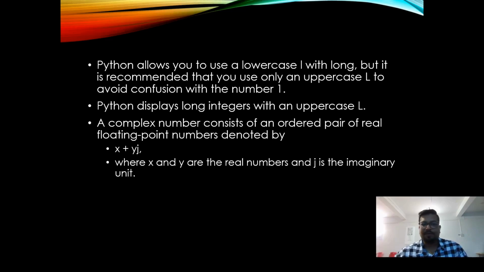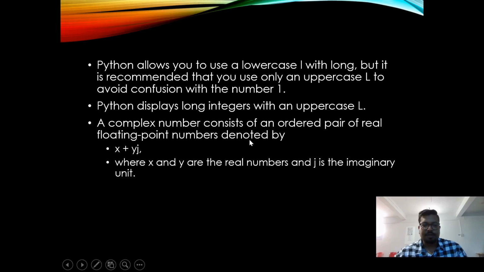Python interpreter will differentiate very well between the l and 1, so there is no confusion for the interpreter, but to avoid confusion on the human side, we can avoid using small l. Rather than that, we will have a practice of writing a capital L only to denote the long integer, just to avoid confusion.